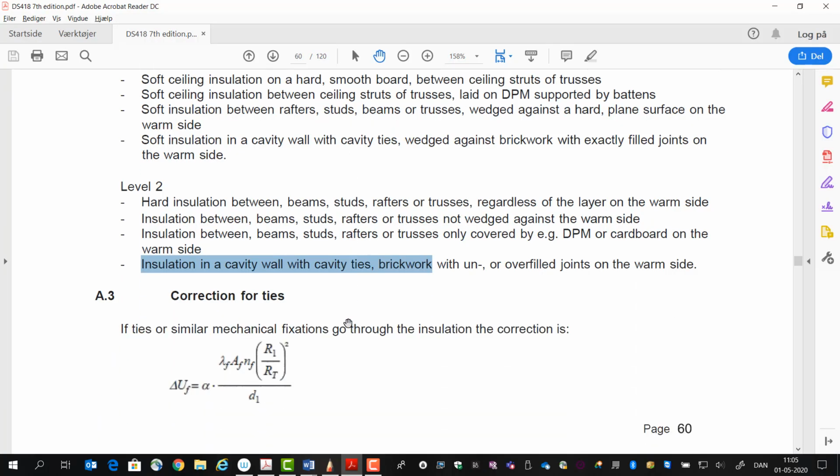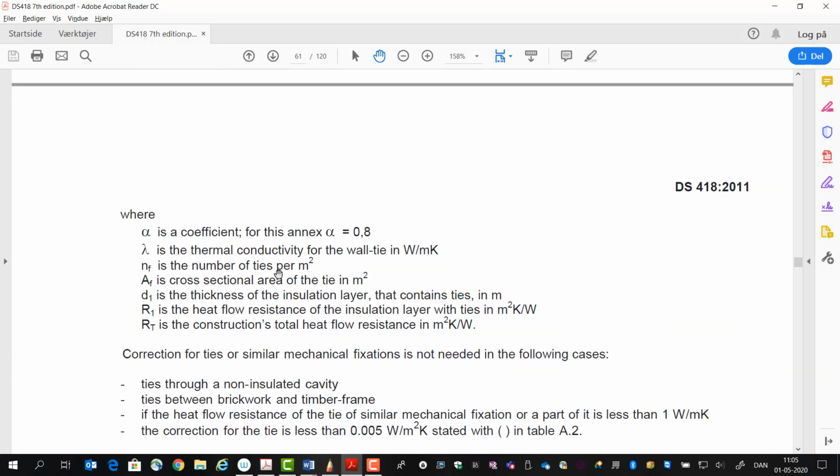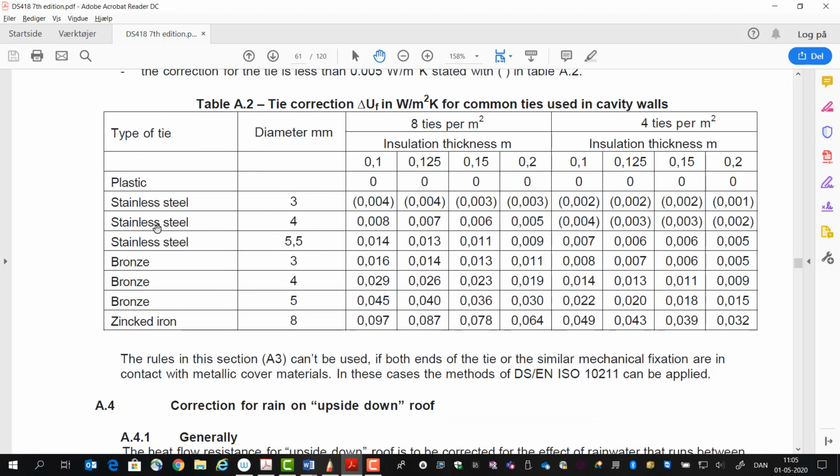And that's here, correction for ties. And here we have this table where we have stainless steel here. We have the diameter, and then we go all the way over to 4 per square meter, and we have 200 millimeters of insulation, so 0.2, or we have nearly, so we round it up, and that gives us a correction of 0.005.